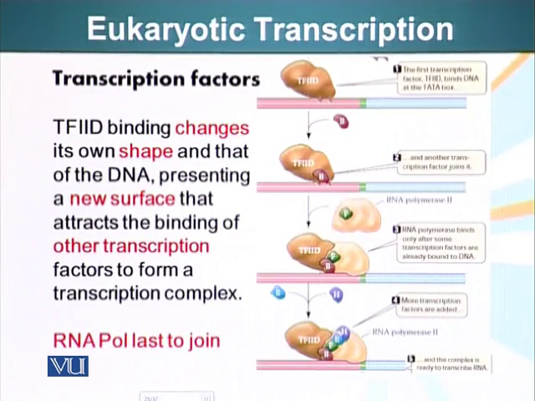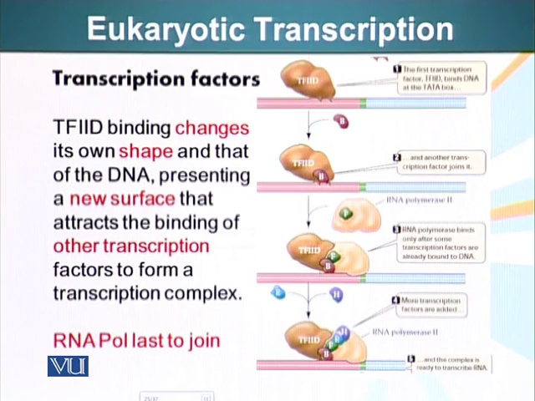Once TFIID binds the relevant position, other proteins are engaged. They come in and start binding the complex, because when TFIID binds the DNA, its own conformation changes, and it also changes the conformation of DNA and makes it available to proteins that could not bind before the change.